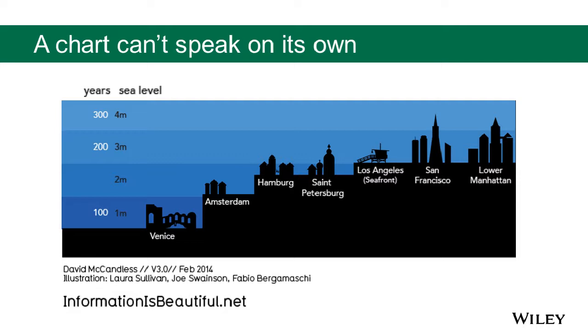The use of silhouettes and the gradient color of the ocean is much clearer at this smaller scale, but we're only looking at about a quarter of the overall graphic. And by zooming in to this degree, we've lost a lot of the extra information that was included in the sidebar. So this chart can't speak on its own, and it probably needs a little bit of editing to be able to speak accessibly for audiences with different screen sizes and viewing it on different platforms.